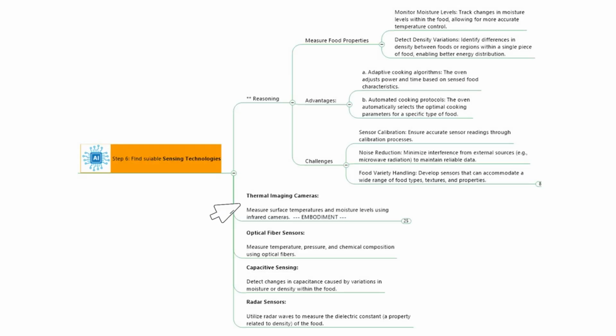Again, we get suggestions from the model in terms of using thermal imaging cameras, optical fiber sensors, capacitive sensing, or radar sensors. We make a selection here again as a team which way we want to go further.